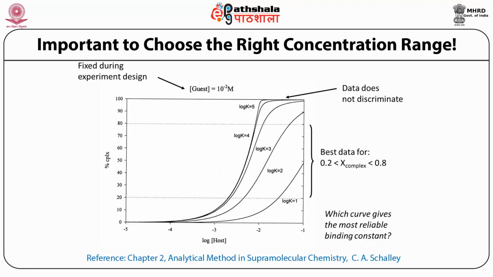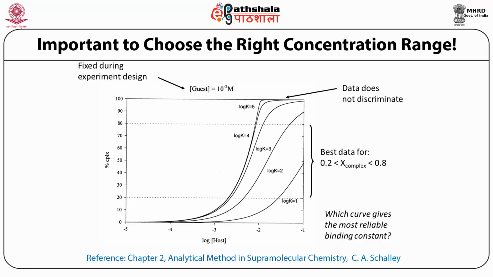However, at the other extreme, if you see log K equals 4 and log K equals 5, the transition is very sharp, and they get completed to 100% very quickly. The data cannot discriminate between these two different binding constants.